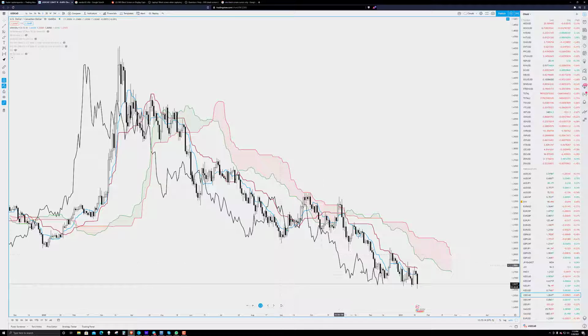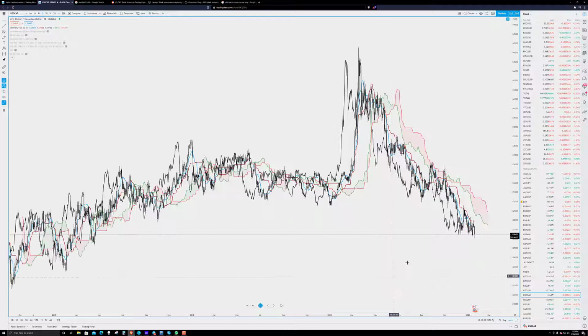On the daily chart, this looks like a fairly consistent and persistent move. In fact, it looks like we could be entertaining a move further south. There is no real structural support near term here. In fact, we're trading where we were back in April of 2018.